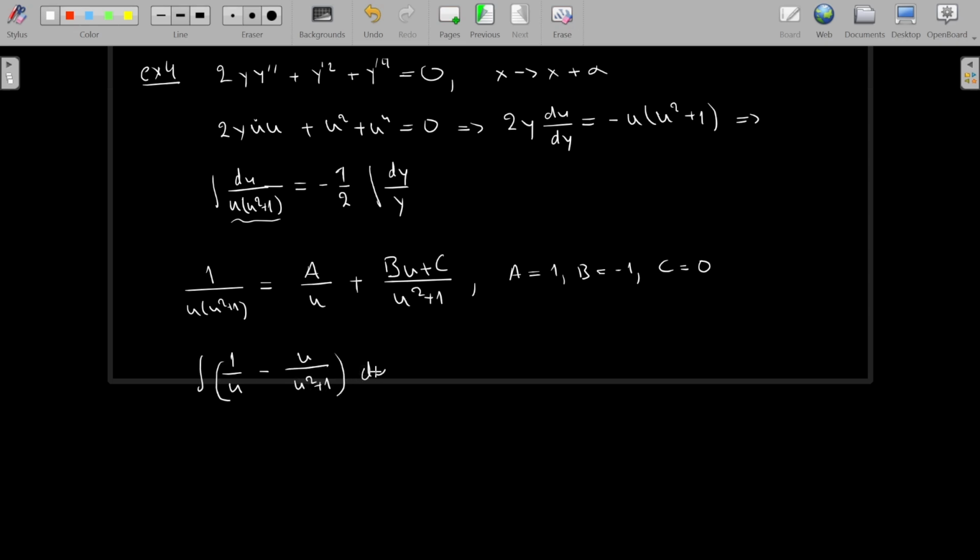The du is equal to 1 half. This is just ln of y plus a constant.